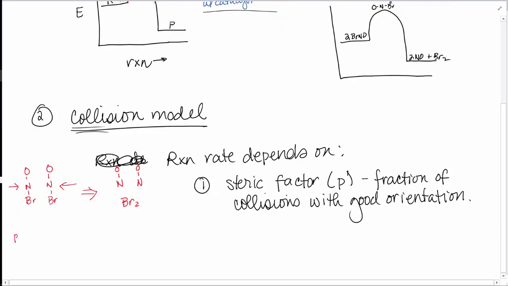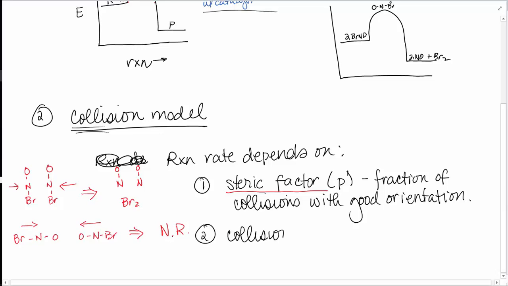But if instead my BrNO molecule that's traveling in this direction hits another BrNO molecule that's oriented this way but traveling in this direction, we're going to get no reaction. They're not oriented properly for that to happen. So that's what this steric factor deals with, is how many of the collisions actually have the right orientation. Number 2, collision frequency.